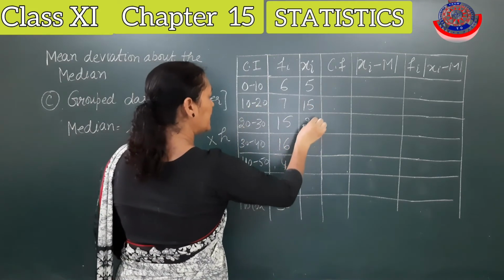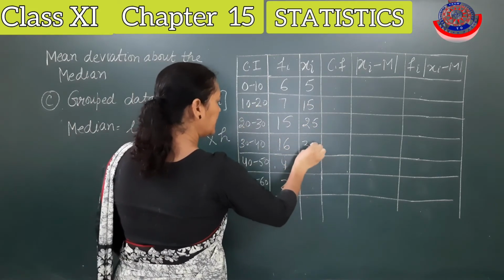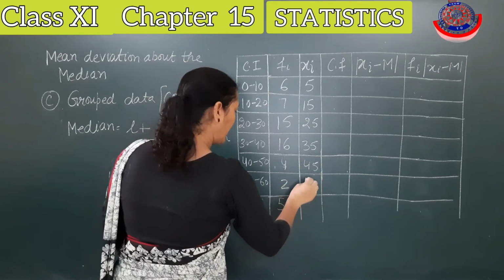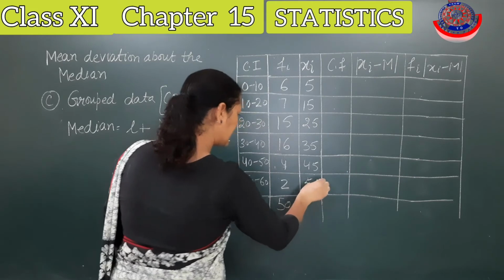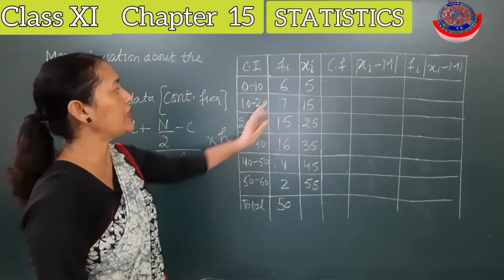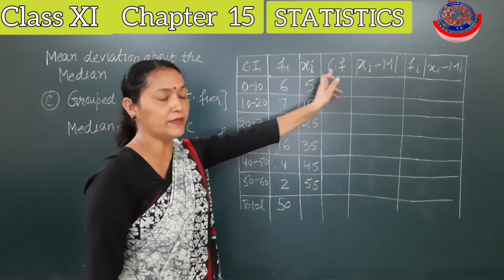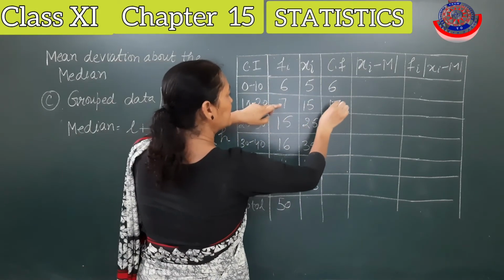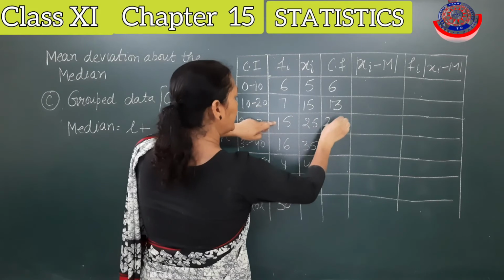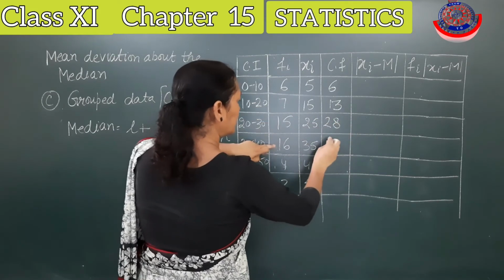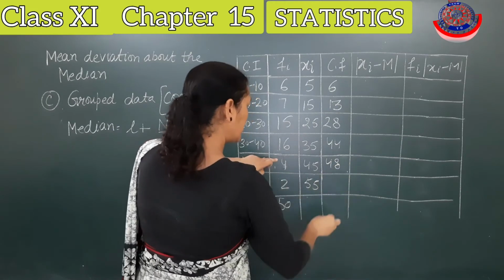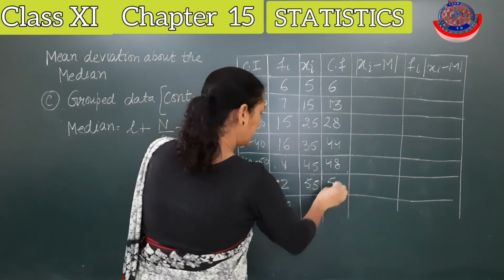So same way, we will be calculating midpoints of all the class intervals. Then we have to calculate cumulative frequency with the help of frequency. 6 plus 7, 13, 28, 38 and 6, 44, 48 and 2, 50.